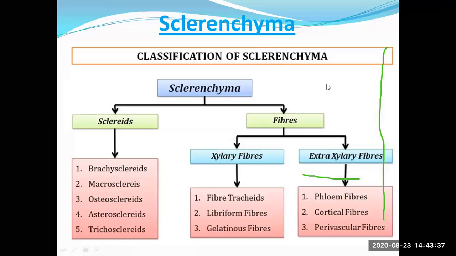Next permanent tissue is sclerenchyma. Sclerenchyma is a simple tissue. It also possesses a mechanical function.